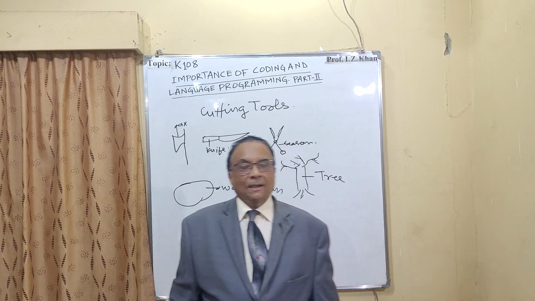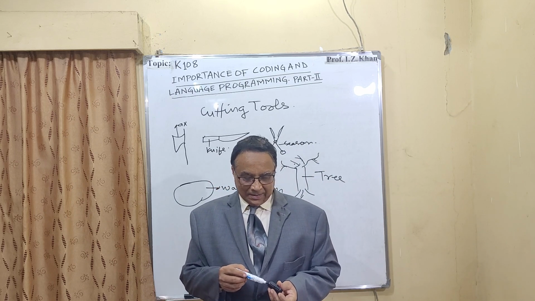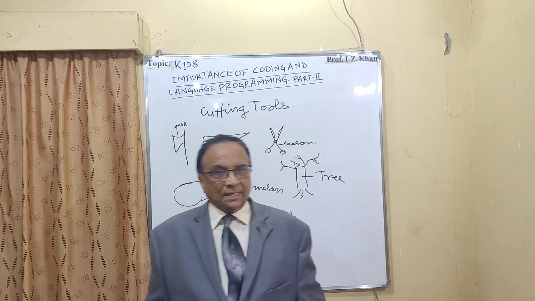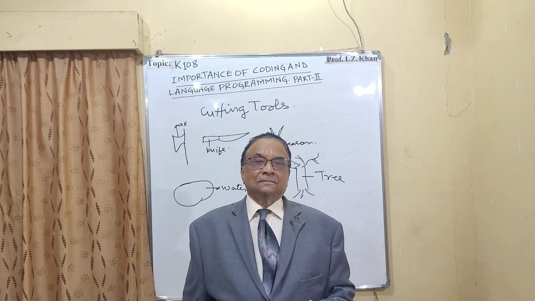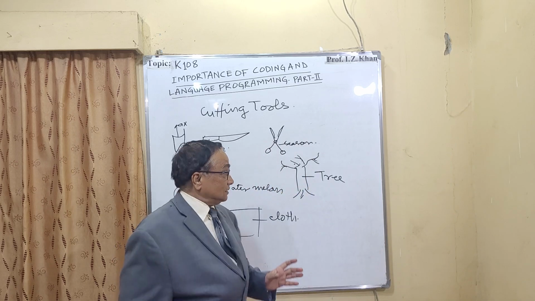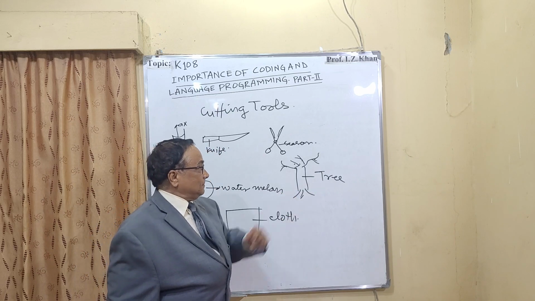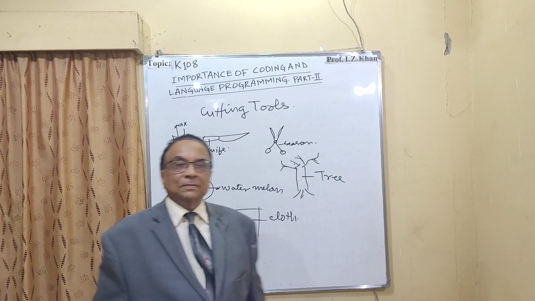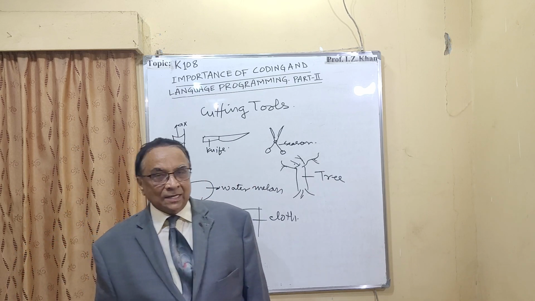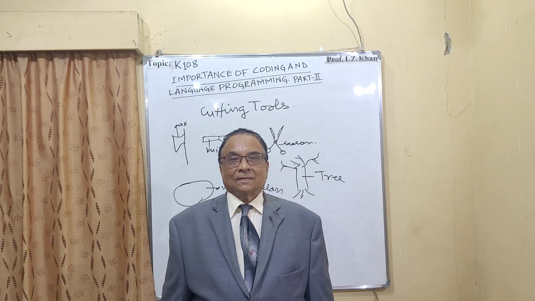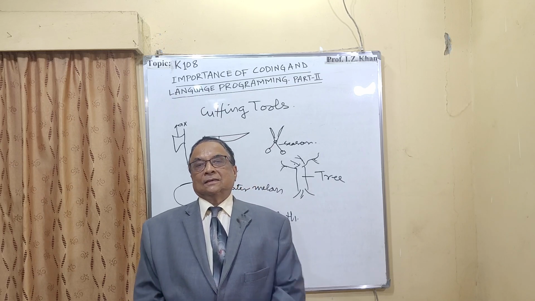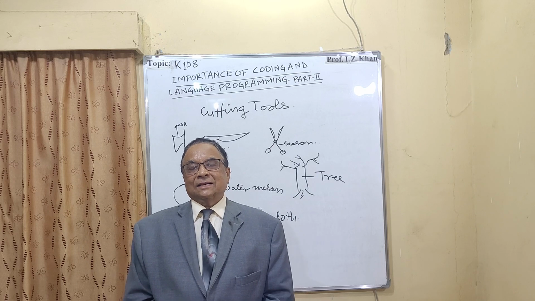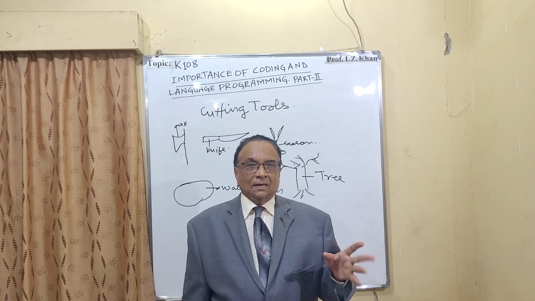You have three items. One is a tree, wood, a very thick, big-size tree. The other one is a watermelon. The third one is cloth. And you have cutting tools. One is an axe, the other one is a knife, a kitchen knife, and the third one is a scissor.